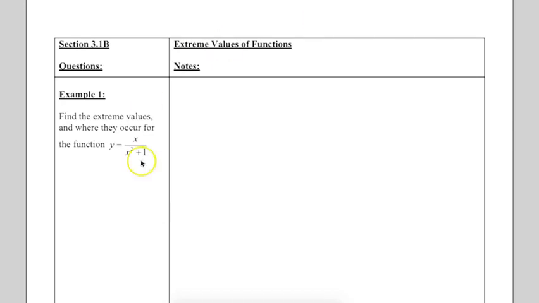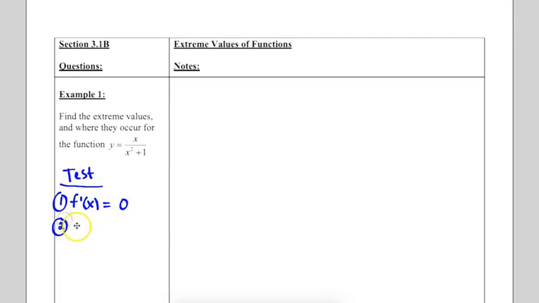So with this, we're still going to try to find our critical values or our other potential points. So remember our test. Okay, for finding these values, we're going to look to see where the derivative of the function is equal to 0.